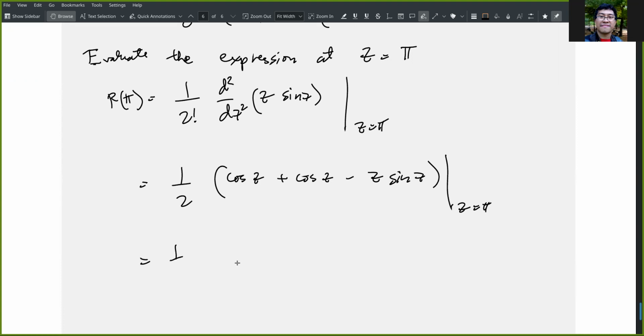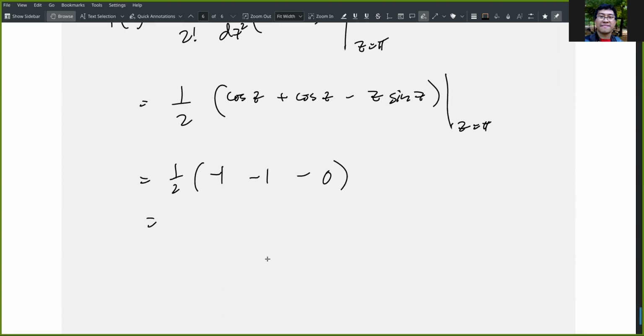At z equals pi, this is minus 1 minus 1 minus pi times sine pi, and sine pi is 0, so this is 0. Minus 1 minus 1 is minus 2, divided by 2, so R at pi is equal to minus 1.